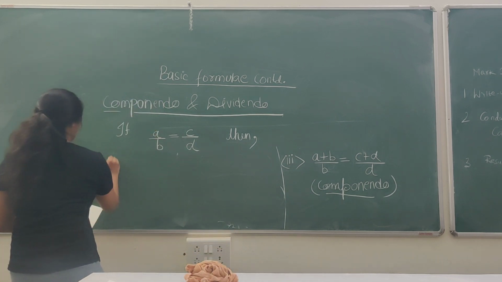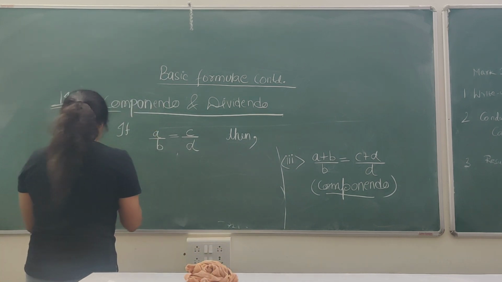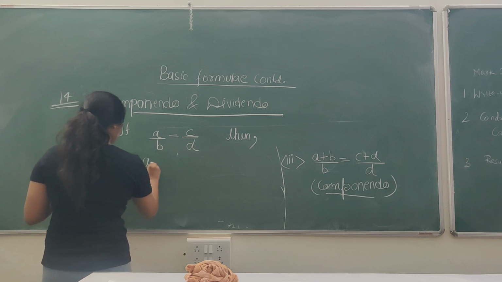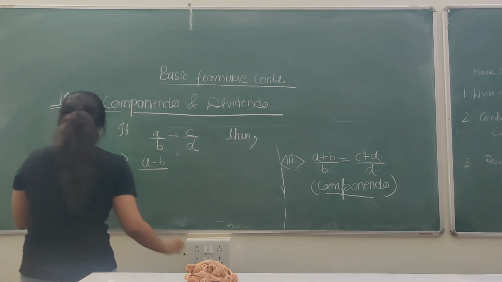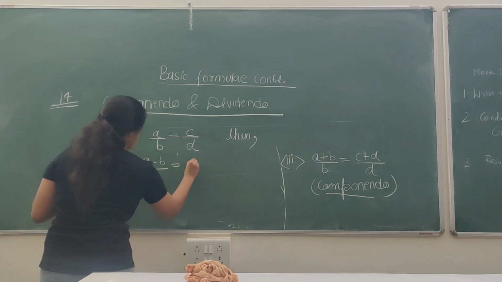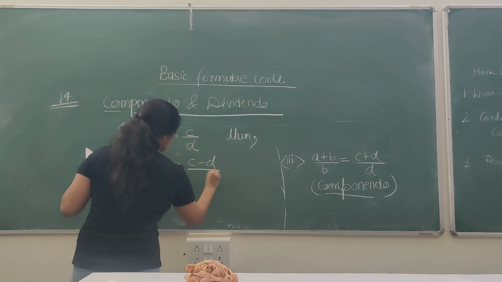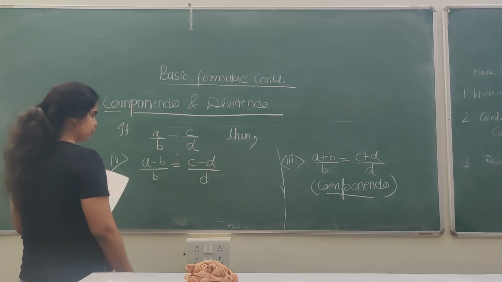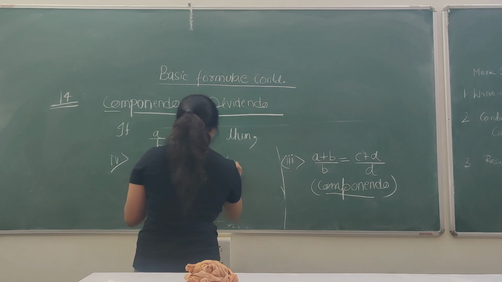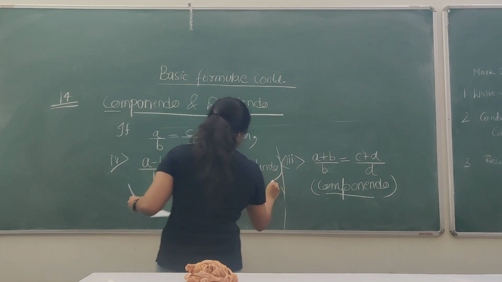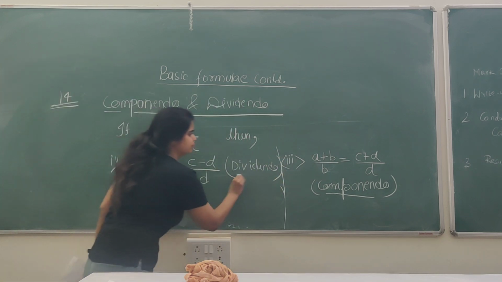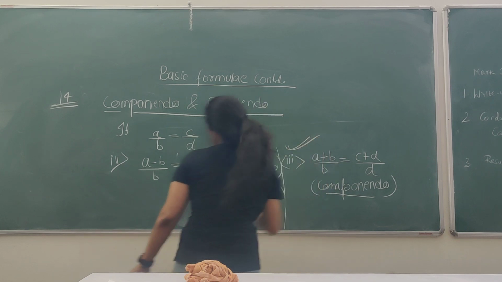This is the fourth one. Can you guess? I guess yes. So this is nothing but a minus b upon b is equal to c minus d upon d. Children, what has happened here? Understand carefully.